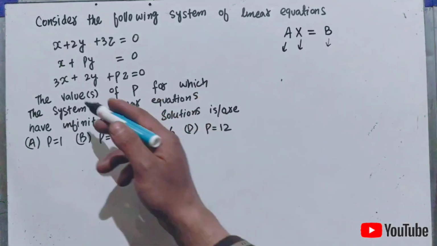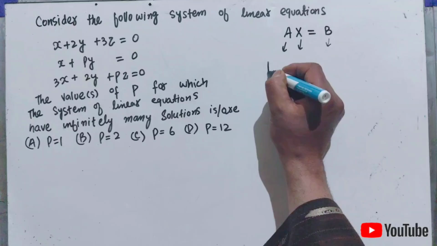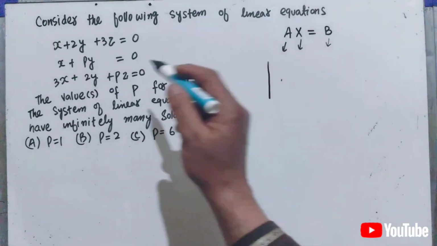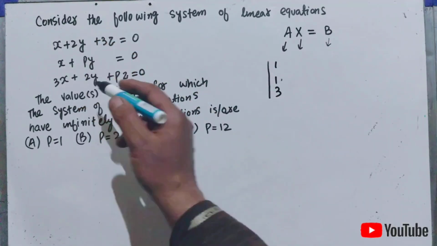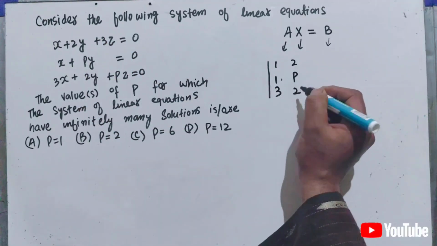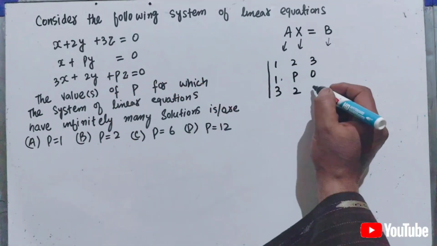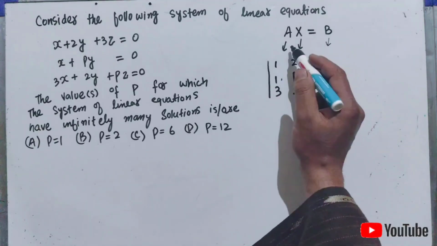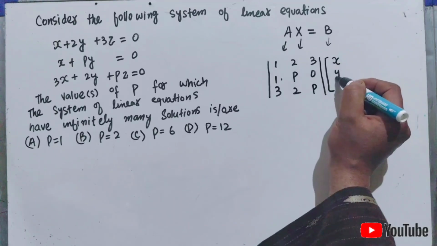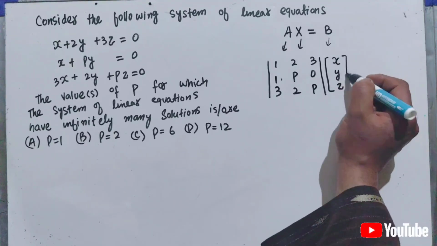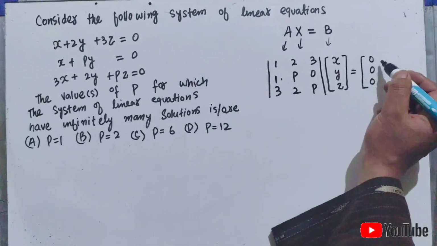So A has the rows 1, 2, 3; 1, p, 0; and 3, 2, p, written by columns as 1, 1, 3, then 2, p, 2, and then 3, 0 since z is not there, and p. This is our A matrix. X is equal to x, y, and z, and it equals the vector of constant terms, which is here 0, 0, and 0.